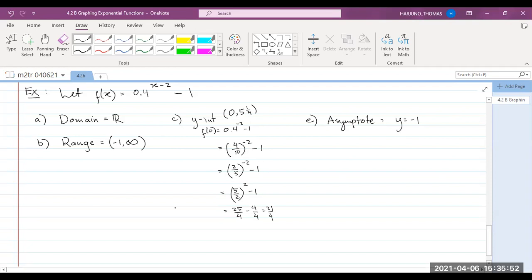How about the x-intercept? Let me do it here. Part D, the x-intercept. We set y to be 0. So move the 1 over, but 1 is 0.4 to the 0.